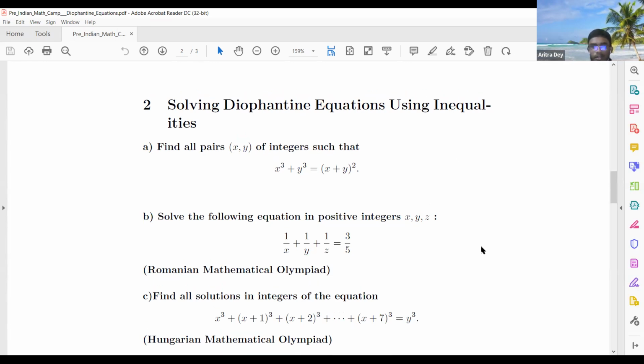I think you are comparing this problem with a past RMO problem, RMO 2017 or 18, which contained this type of problem once. Yes, but this is slightly different. In that problem, it asks to prove that there is no such solution. But here it actually has a solution.